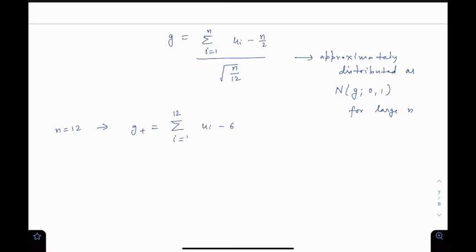Now, a word of caution is appropriate for those who have noticed that instead of summing 12 ui and subtracting 6, what we could have done was use g minus, which is a sum that goes from 1 to 6, and g plus, and then basically subtracted 6 from either of those.